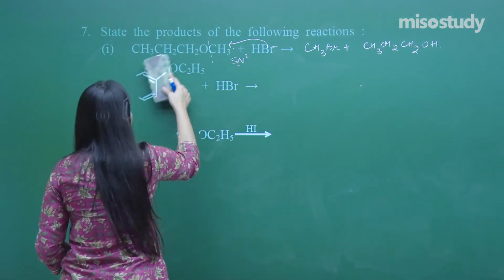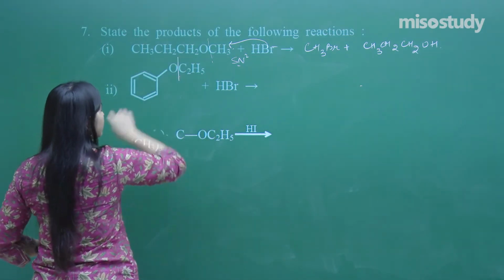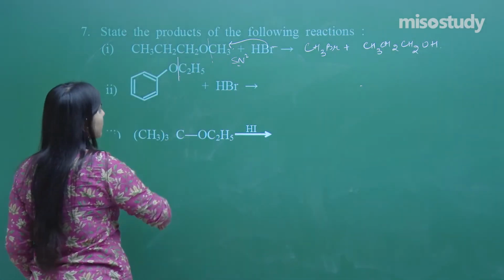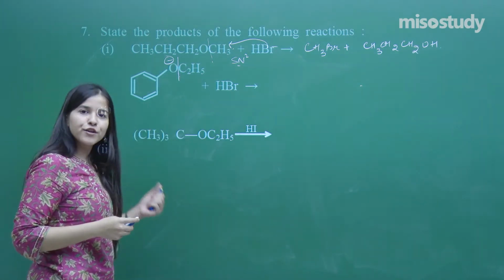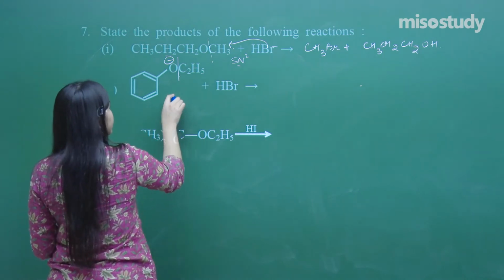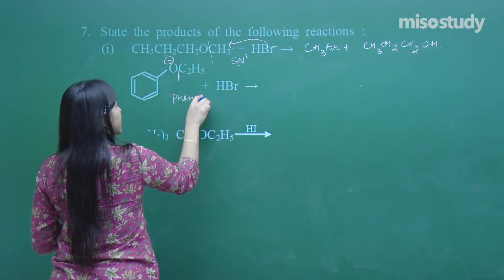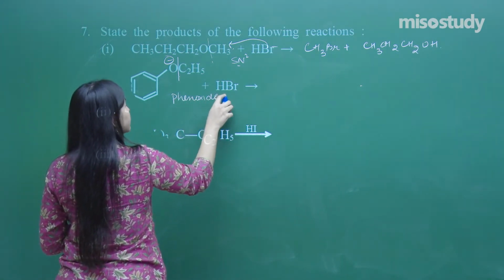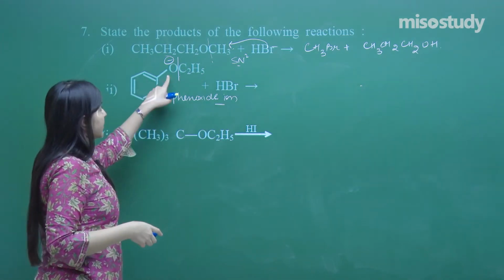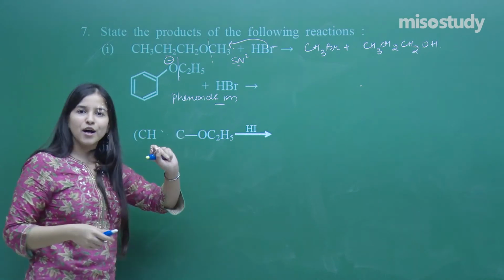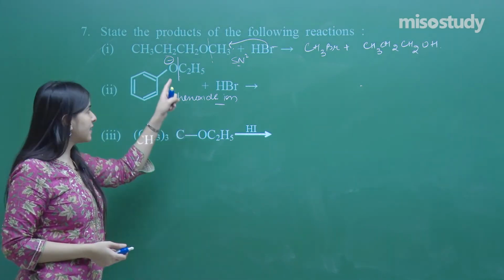If I try to break this bond, what will happen now? A very stable ion will be formed, phenoxide ion. So phenoxide ion formed, yes. And now here this is not a carbocation which is formed, basically it is an anion.